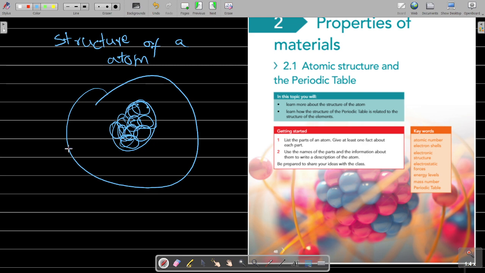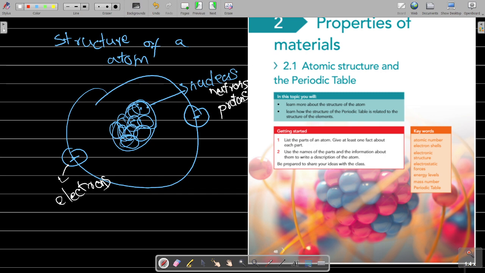And can you understand this? This is the second question answer. This is the nucleus which contains neutrons and protons. And this is called electrons.